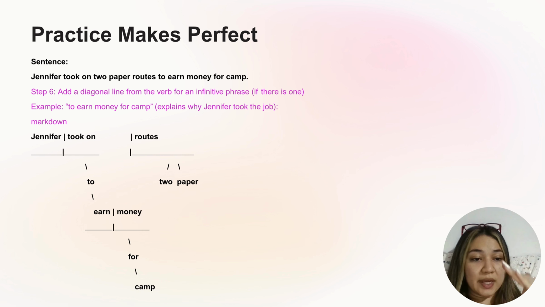And then we describe the modifier, in this case on the verb, which adds extra information. So we are going to draw a diagonal line with the connector "to," and then draw another line to the words "earn" and "money," two words we are going to separate again, and then we are going to draw a line again with the last connector.